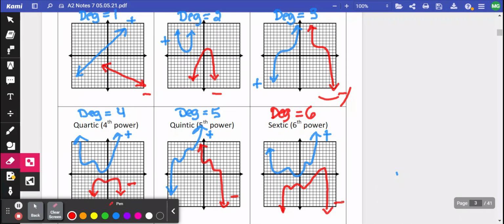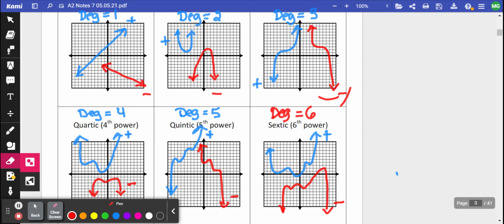So some patterns occur here. 1st, 3rd, and 5th degree polynomials: I want you to notice we have one arrow going to negative infinity, one going to positive infinity, right? Even when we reflect it, the end behaviors, which is what we're about to talk about, are different. One goes forever to negative infinity, one goes forever to positive infinity.